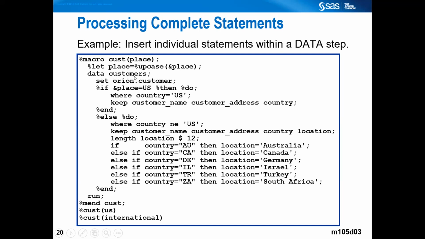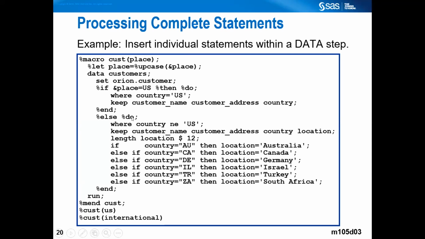You're creating a data set customer from oran.customer, and you are creating this customer on a specific data for your country. So it's telling if ampersand place value is US, then do subset your data for country value US, keep these columns, end. Now this end is for this condition, for then do.